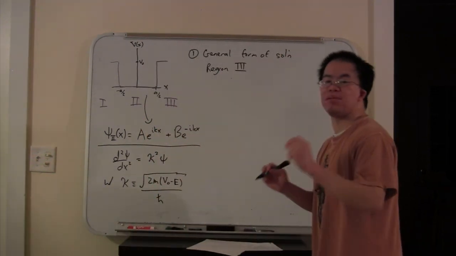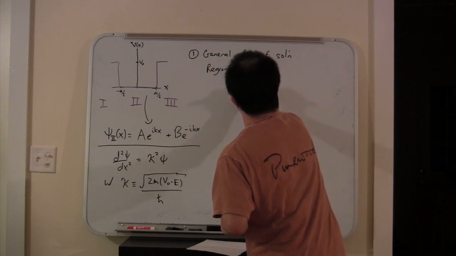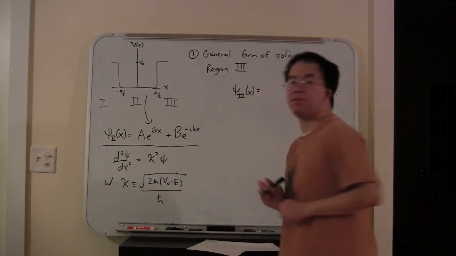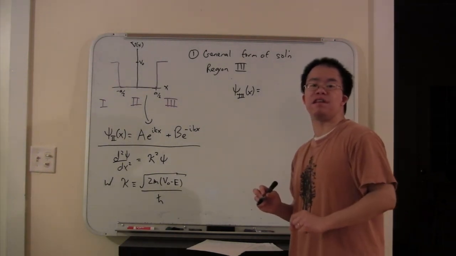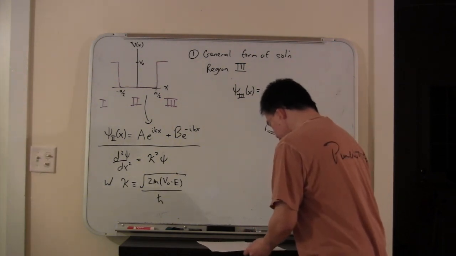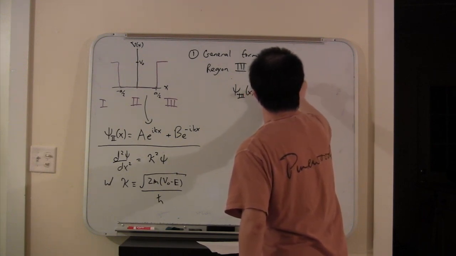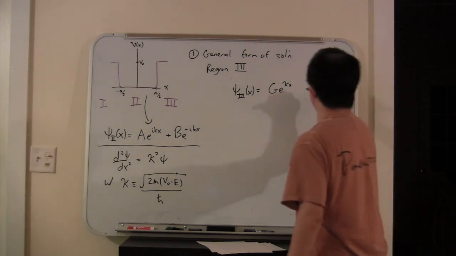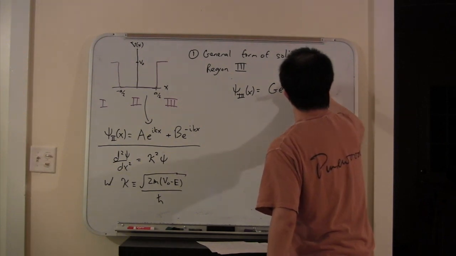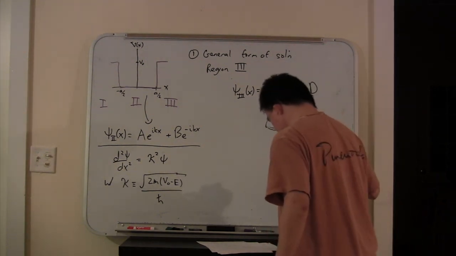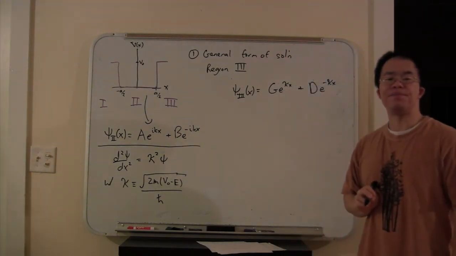So we can write in the most general way the wave function here in region 3 as the sum of something that goes like e to the kappa x and something that goes like e to the minus kappa x. The constants I'm going to pick are capital G e to the kappa x plus, for consistency with Townsend, D e to the minus kappa x.